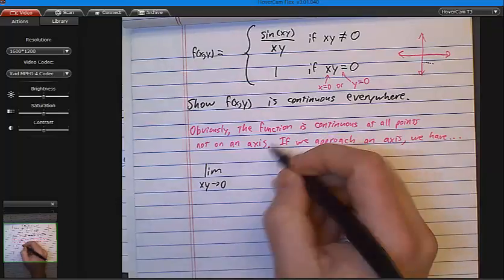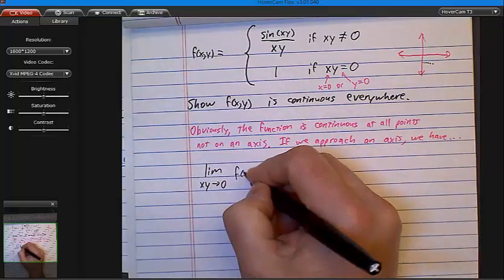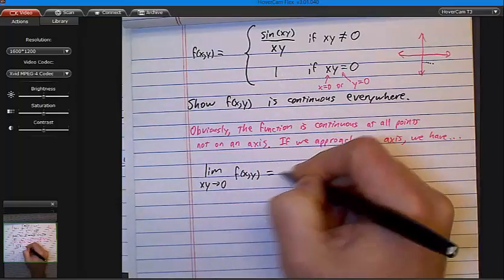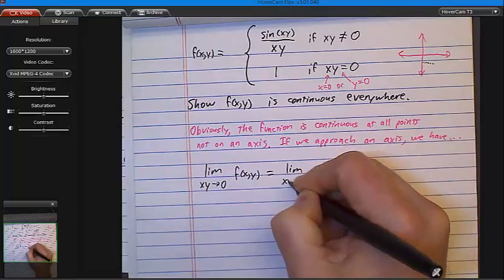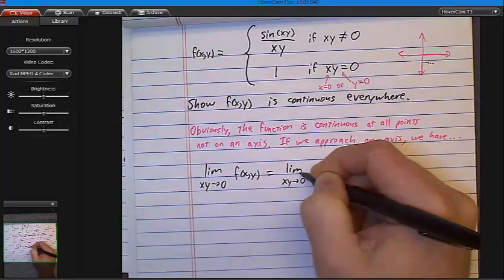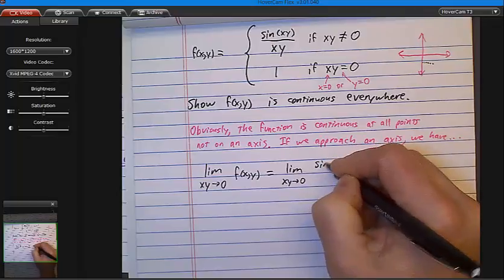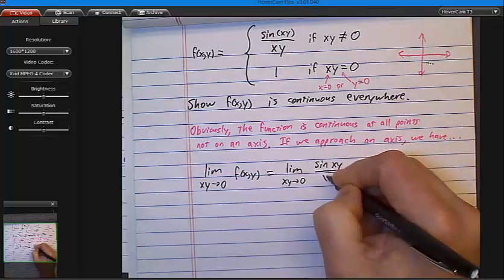And so the question is, what happens to f of x, y? Well, this is the limit as xy approaches 0 of the sine of xy over xy.